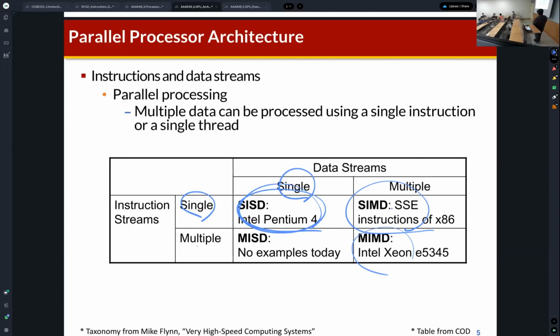Okay, so how does a general processor support parallel execution? The single-core CPU exploits instruction level parallelism, which means that each instruction handles scalar data.